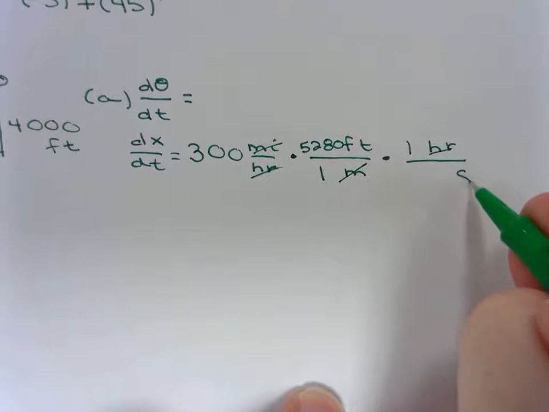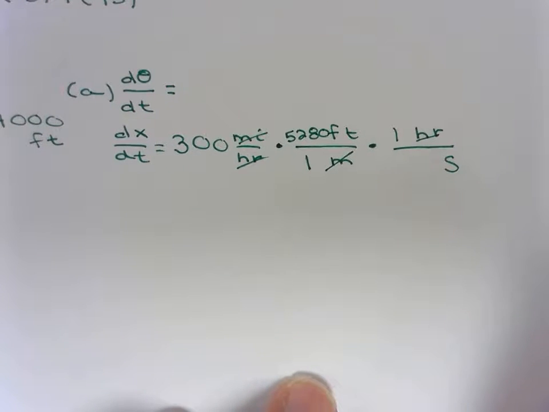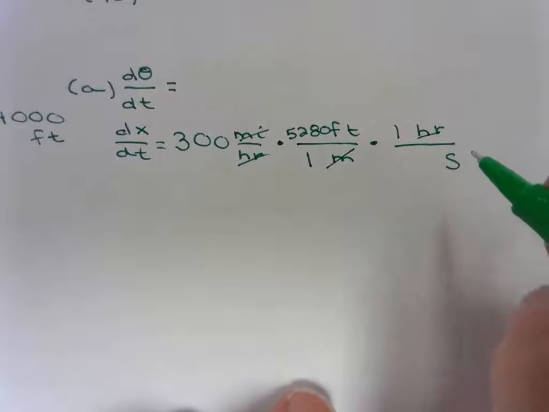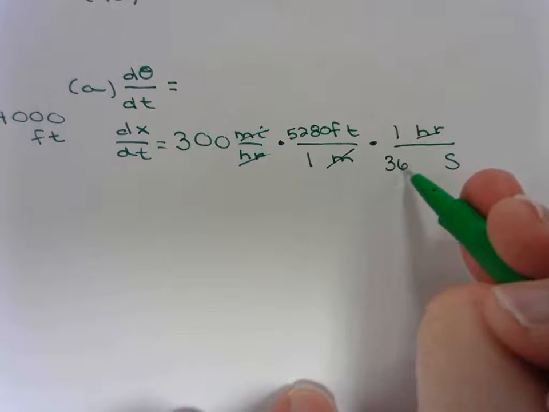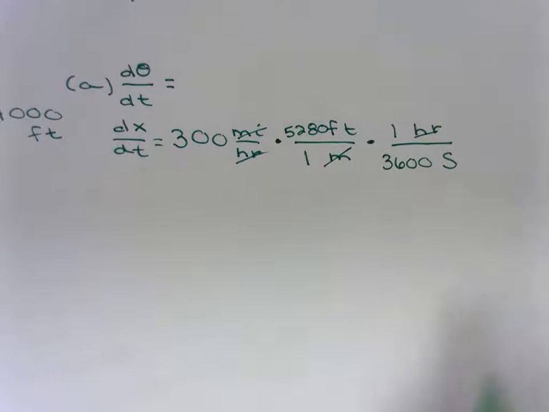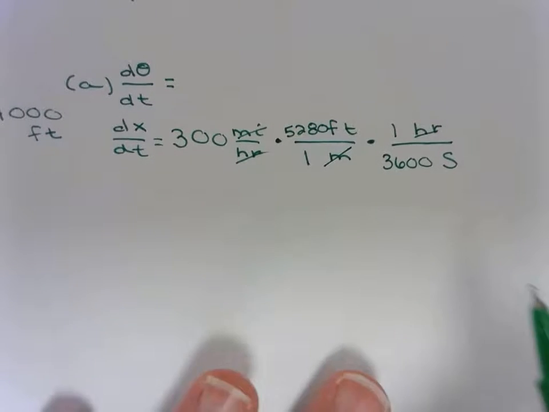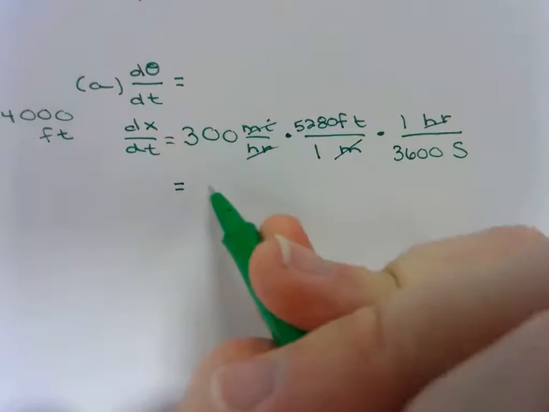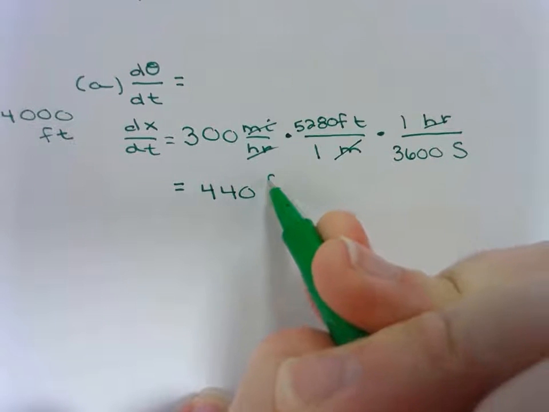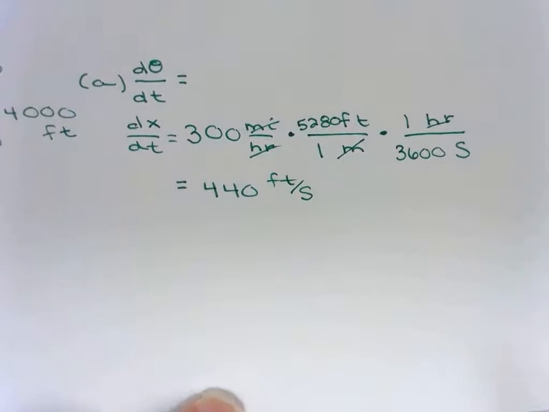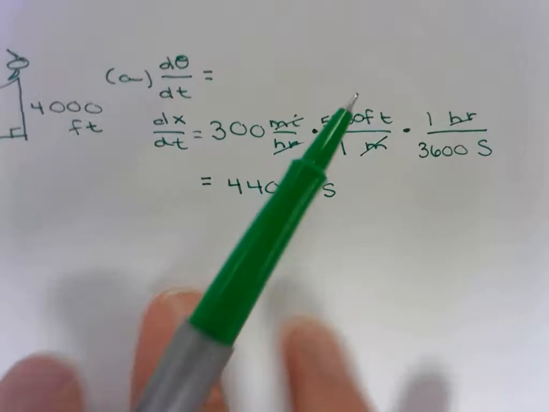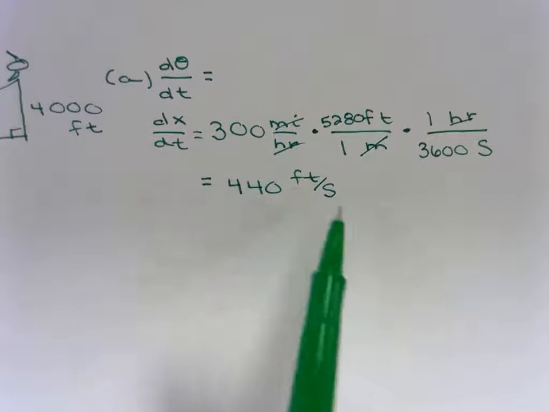How many seconds are in 1 hour? 3,600. How many seconds are in a minute? 60. How many minutes in an hour? 60. So 60 times 60 is 3,600. If you simplify this with a calculator, you get 440 feet per second. So that is dx/dt. Make sure it's all in the same measurement. The 4,000 was given to me in feet, so I want to convert this 300 to feet per second.